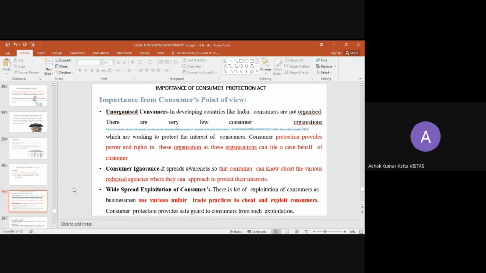So there is a requirement that we need to guide them. How can we guide them? By informing them of the directions. Here also, consumers are unorganized.